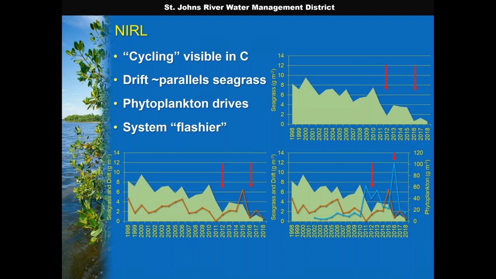And then we add the drift, which again is on the same axis, and that's the brown line. And then if you add the phytoplankton, it kind of fills in the gaps. So the system has moved from a system where the carbon, nitrogen, and phosphorus is sort of bound by seagrasses, which turn over fairly slowly, and drift, which is kind of in the middle, and it's much more flashy now, with the phytoplankton being the driver of the system.